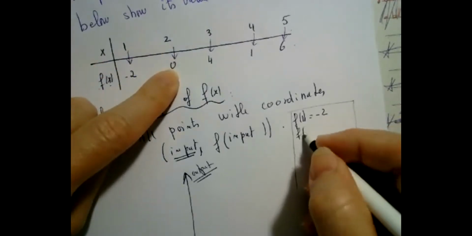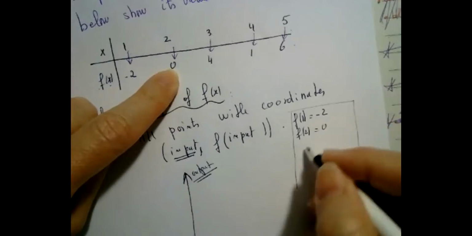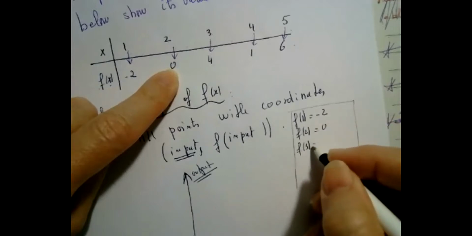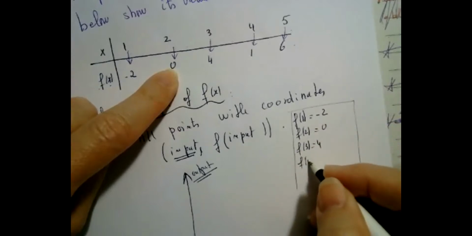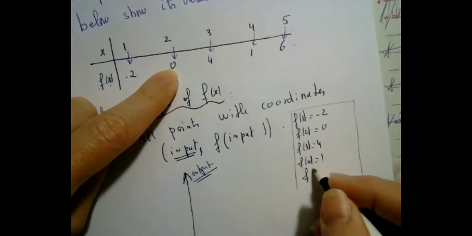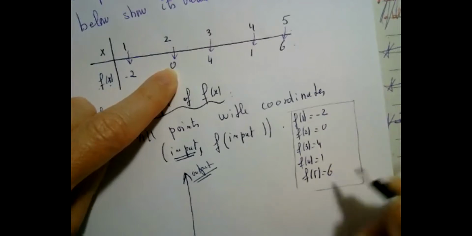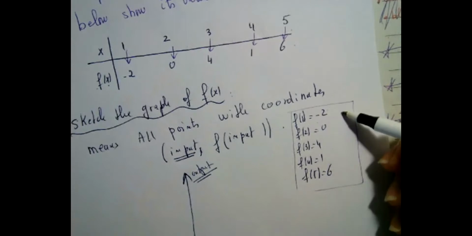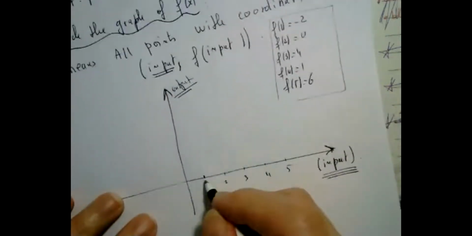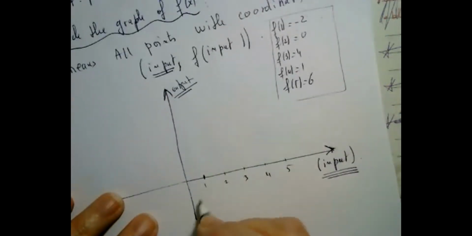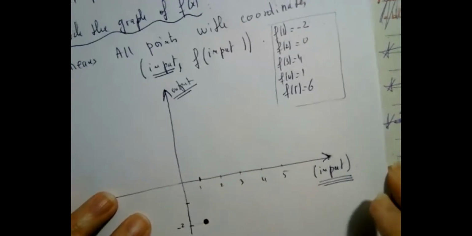The value at 2 is 0. The value at 3, 4, 1, and 5. So I'm going to sketch all those points. 1, -2; 2, 0. The output at 1 is -2, so this is my first point on the graph.